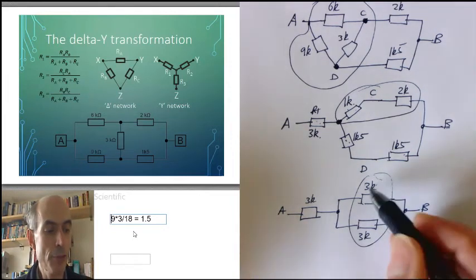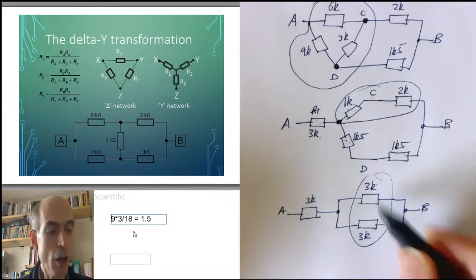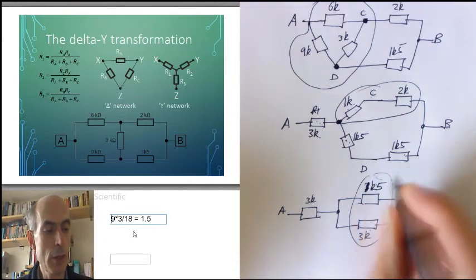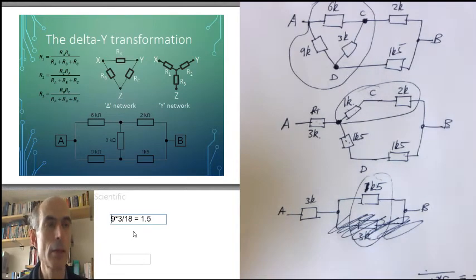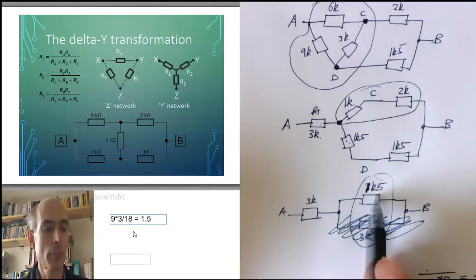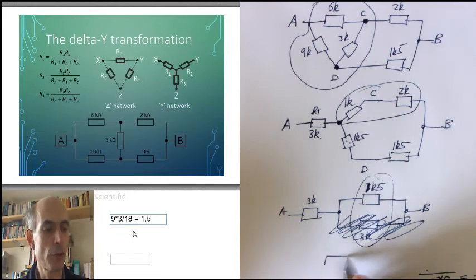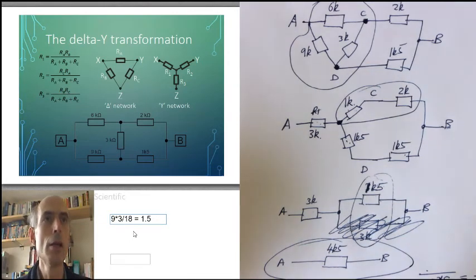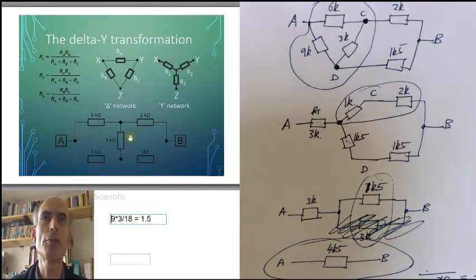So we can replace them with a single resistor, which is half the value of one of these two resistors. 1K5, like so. And then I've got two resistors in series, which I can replace with a single resistor, which has the sum of those two resistances. 3 plus 1.5, 4K5. So that rather unpleasant network down there actually behaves the same as a 4K5 resistor.